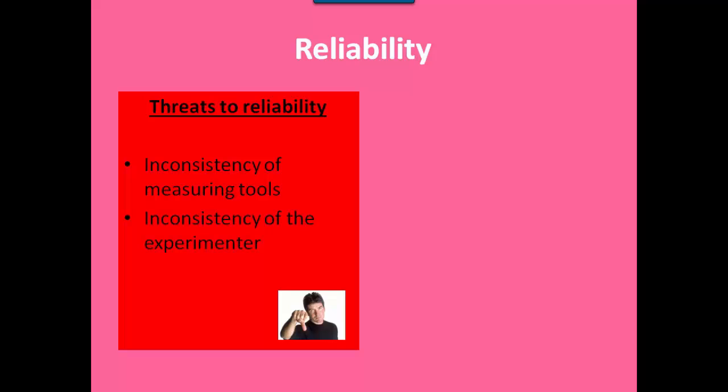We can get inconsistency on the part of the experimenter. So the experimenter can influence things in different ways, they can interpret things in different ways, and this then compromises the reliability. We can also get inconsistency on the part of the participants, where the participants don't perform the same at different times.